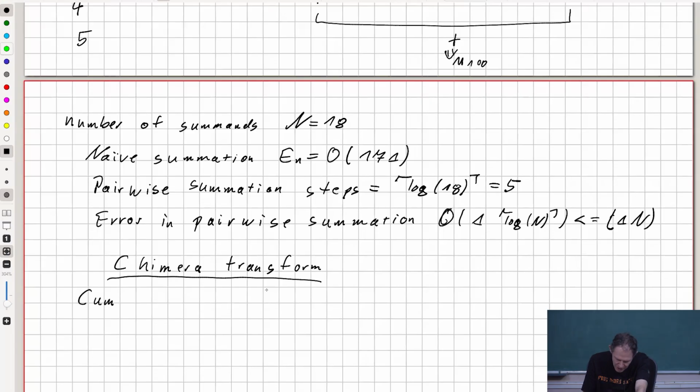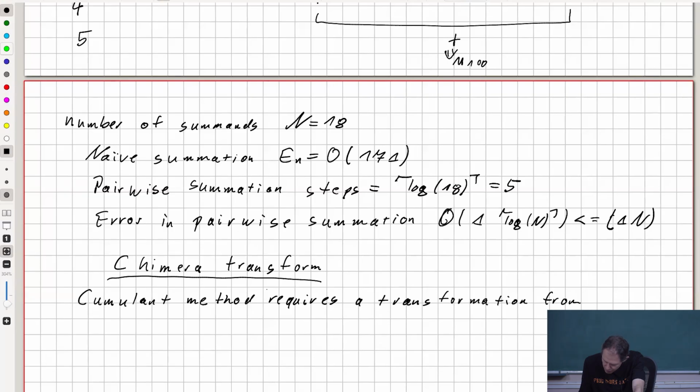Because the cumulant method requires a transformation of the populations from populations to central moments and back.